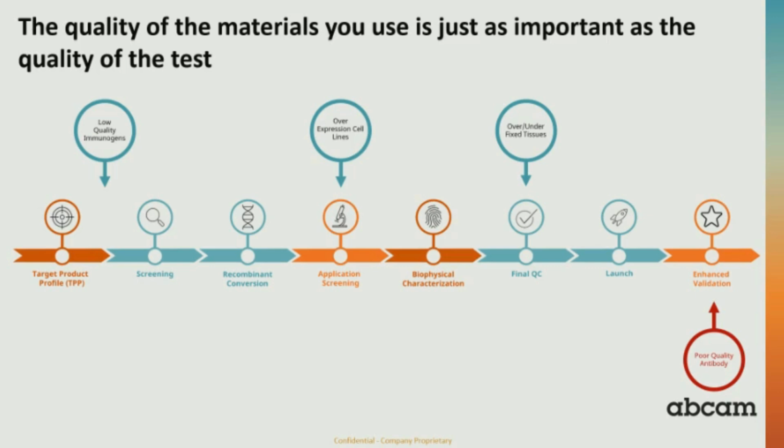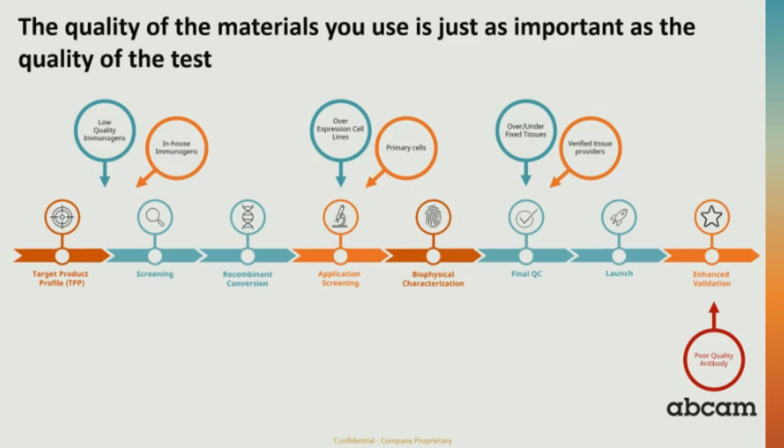So you've got to fix that in the first place. So we use in-house immunogens. We make all of our own proteins. We will use primary cells where we can. Obviously, not all targets allow you to do that, but we do it wherever we can. And we make sure that we're getting high-quality tissue providers for our IHC and that this is embedded into our culture and in what we do, so that we get a good quality antibody.